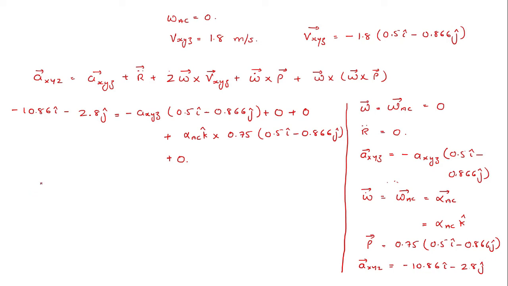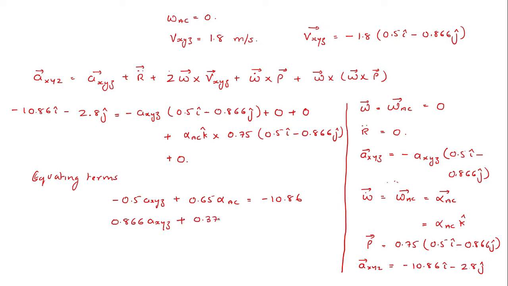So if you solve this equation and equate the terms, you would get minus 0.5 Axyz plus 0.65 alpha AC is equal to minus 10.86, and 0.866 Axyz plus 0.375 alpha AC is equal to minus 2.8.